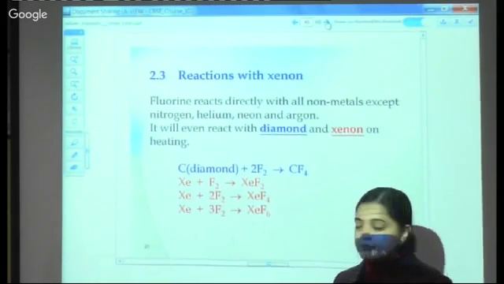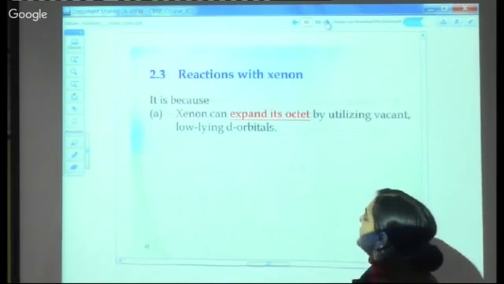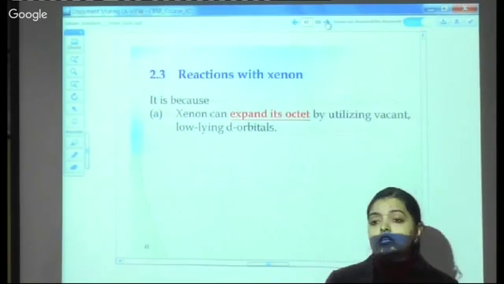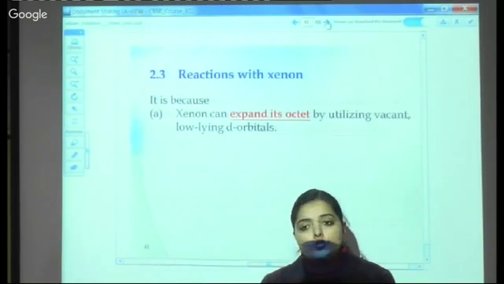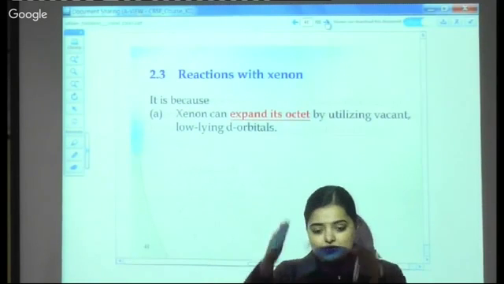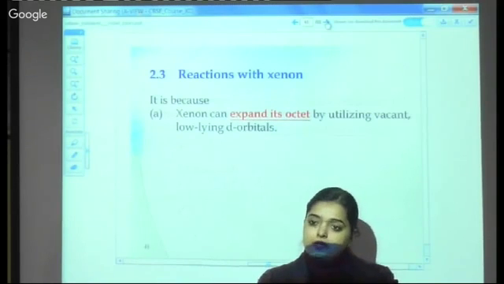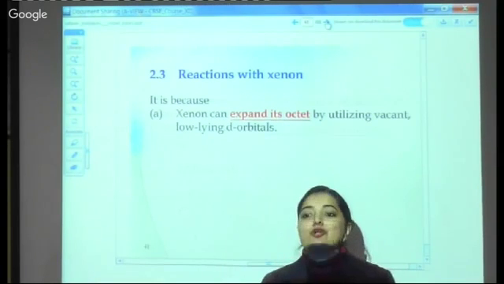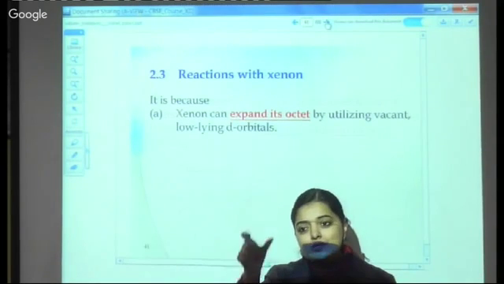Next slide, please. Reaction with xenon. Xenon can expand its octet by utilizing its vacant d orbitals. Though it is a noble gas, an inert element, its size is very big and it is far from the nucleus, so the inertness reduces. Whatever property is there reduces as we go down the group.